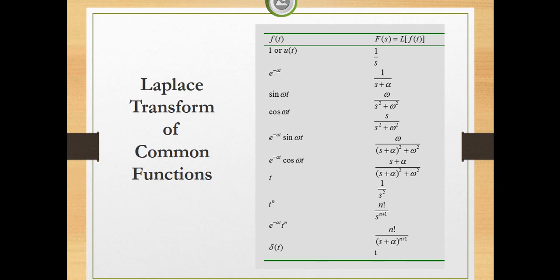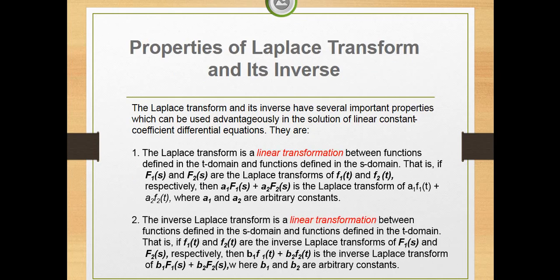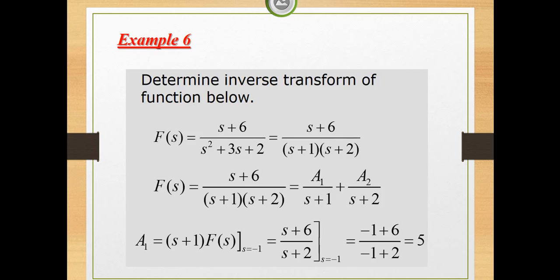You can see this is the u of s. The u of t, or the unit step function, has a Laplace transform of 1 over s. That 1 over s is the one that you saw here.